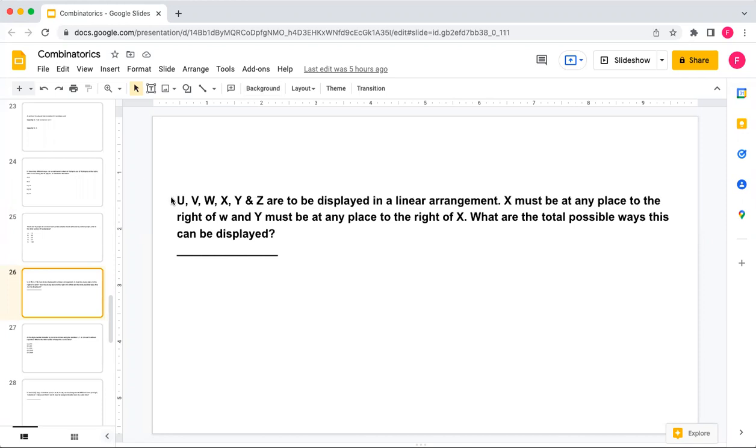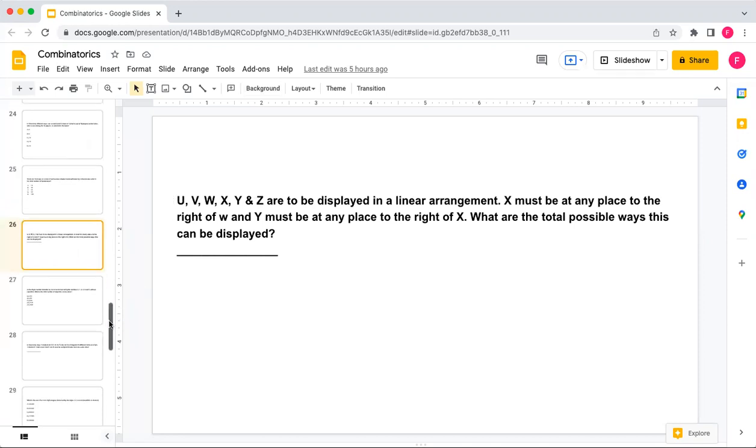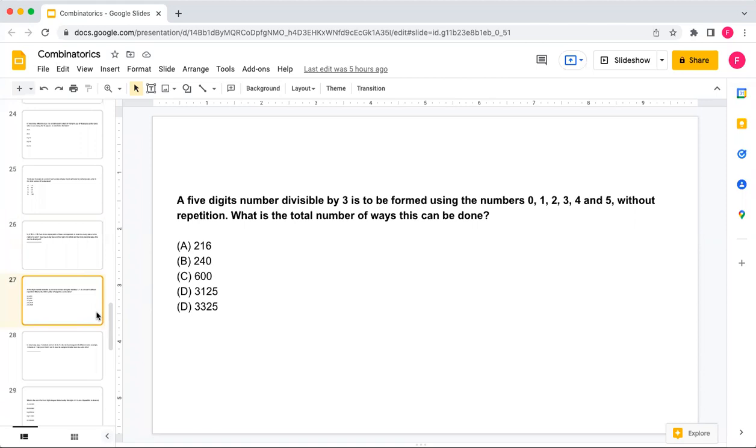This is an interesting question, but leave this for last. Try this question. Someone asked about this when we were in the conceptual part of permutation and combination, about forming a number divisible by 3. So try to solve this question.